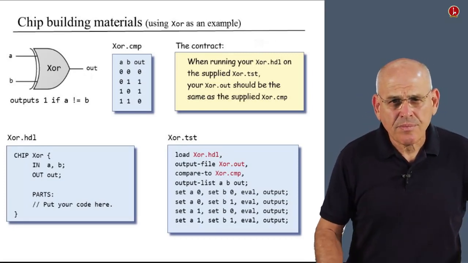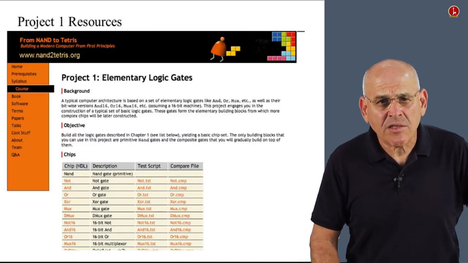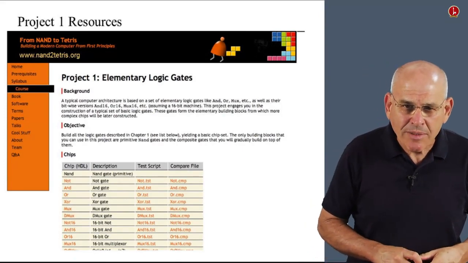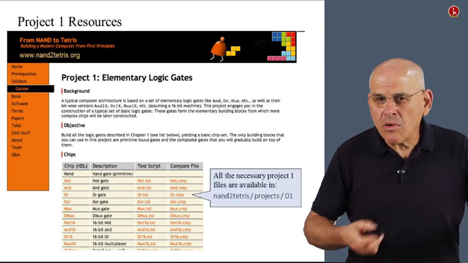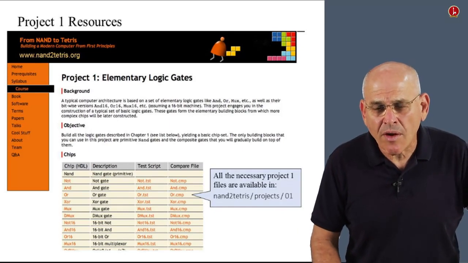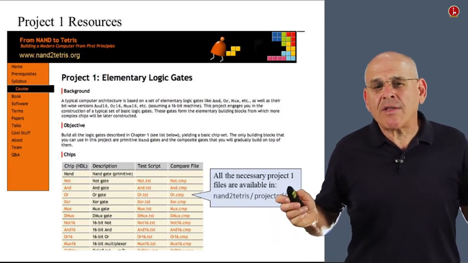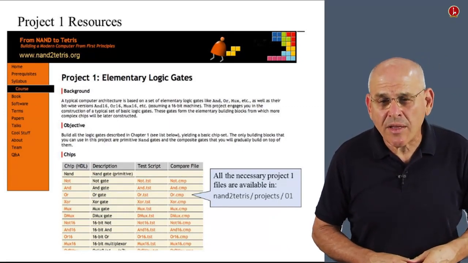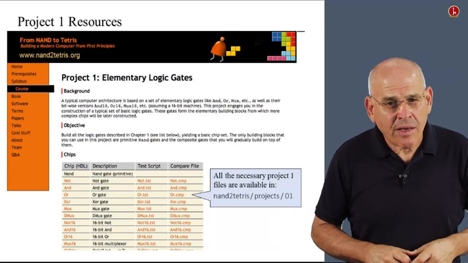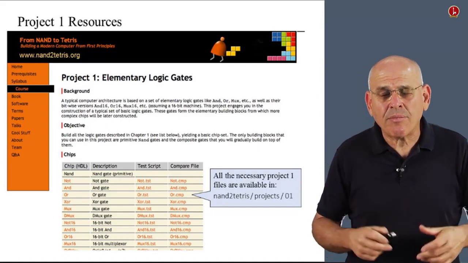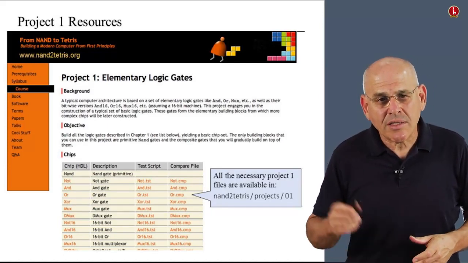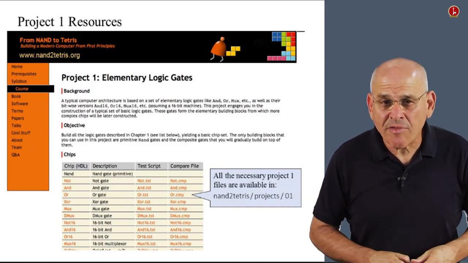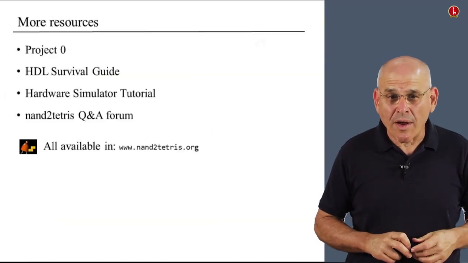compare file. All right, so the resources of Project One are listed in the NAND to Tetris website. You can look at the different files if you want. And there's no need to download anything, because if you've downloaded the course software suite, then all the necessary files that you need for this project are available in your projects/01 directory, and you're welcome to start working with these files and build Project One.